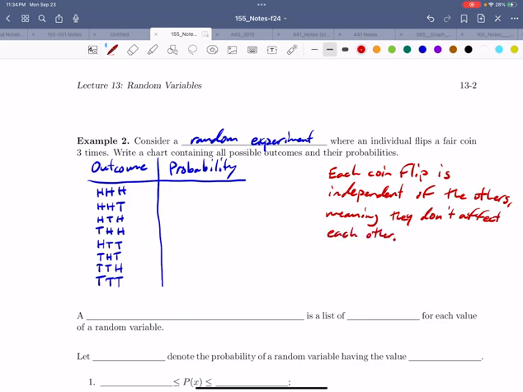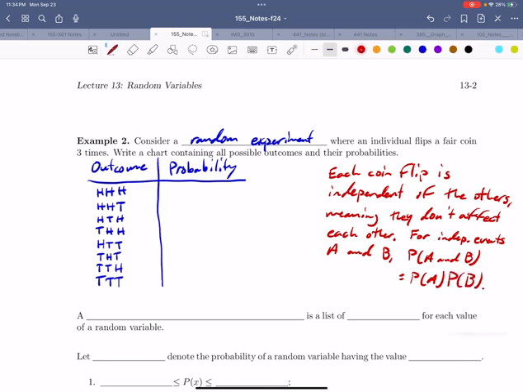For independent events A and B, we know that the probability of A and B equals the probability of A times the probability of B.